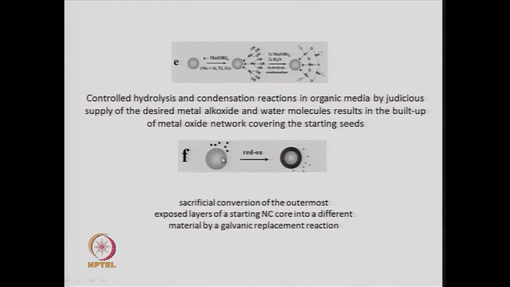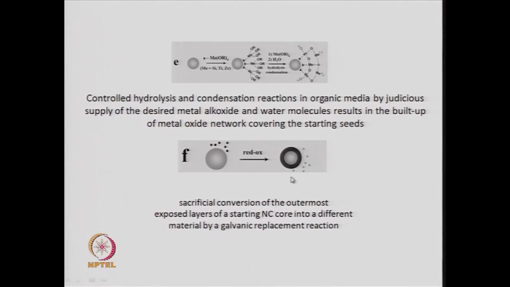That is because part of the exposed layers have been removed during this reaction, which may be a redox type of reaction, and ultimately the core diameter is smaller than the starting nanoparticle, and the shell is of course formed by the new material which you have started.